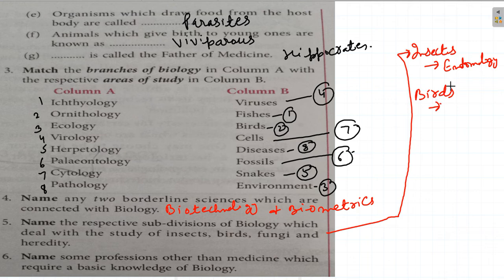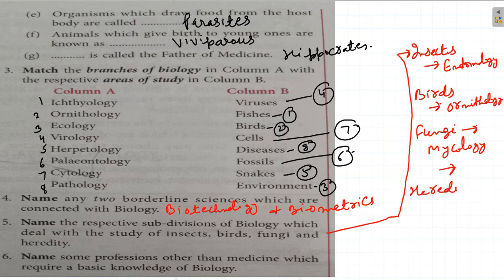This is ornithology. Right? Study of fungi, mycology. And study of hereditary is called genetics. So this was your question number 5.